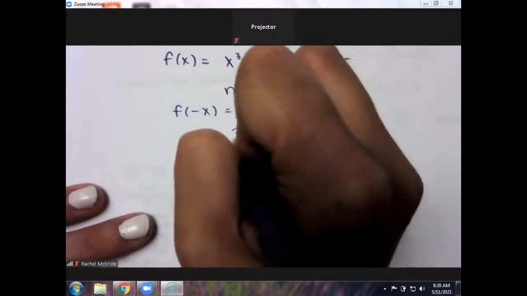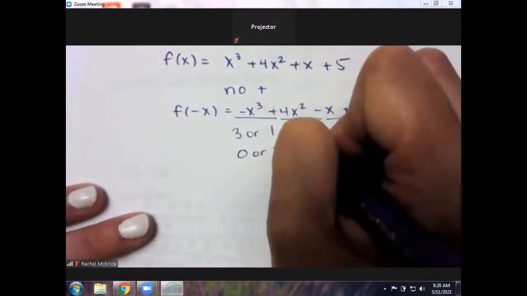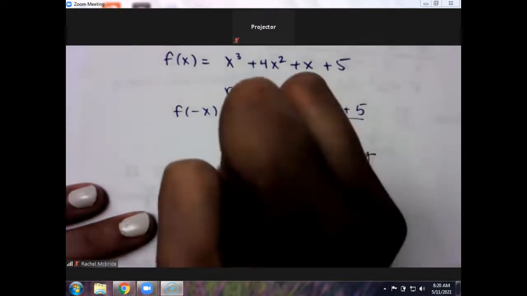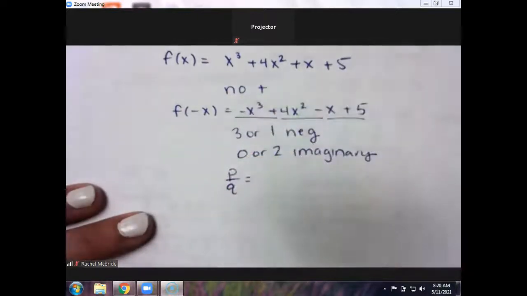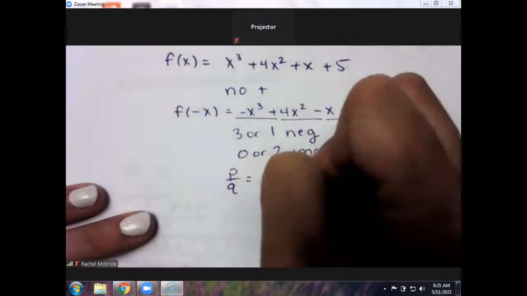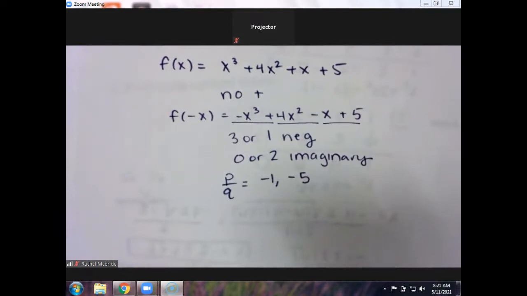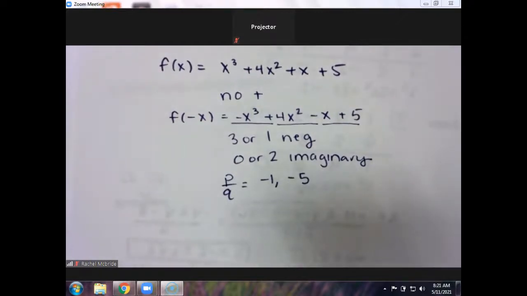So I can have 0 or 2 imaginary. My possible rationals are those p divided by q. There are no positives, so it's -1 and -5 as my potential negative real rational zeros. And I could test each using synthetic and figure out what they were.